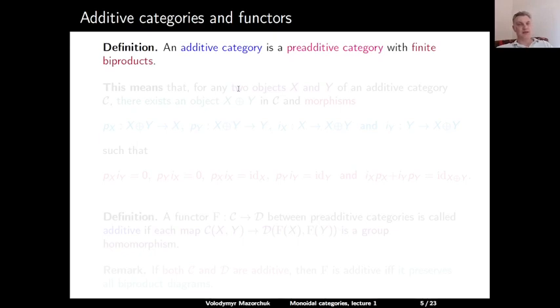Definition: an additive category is a preadditive category which has finite biproducts.